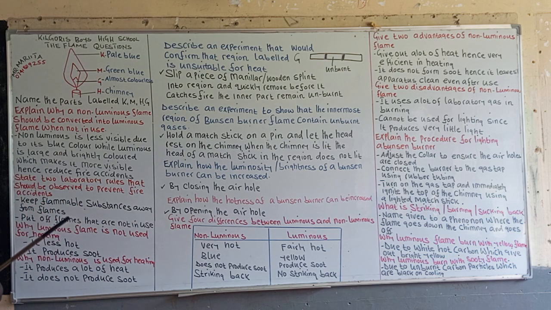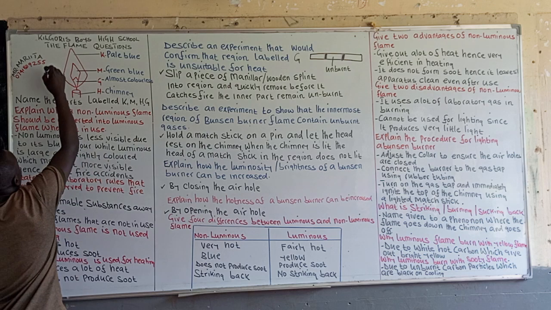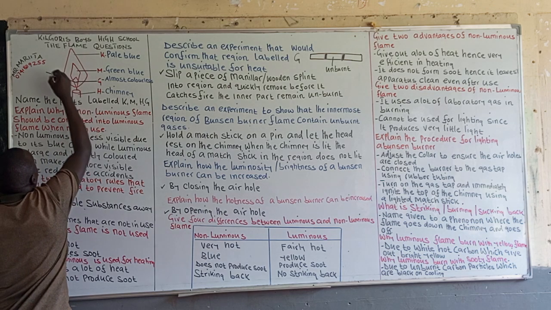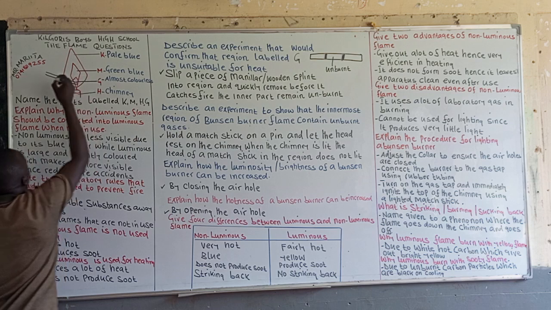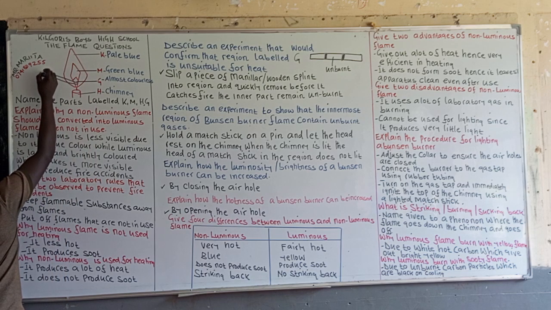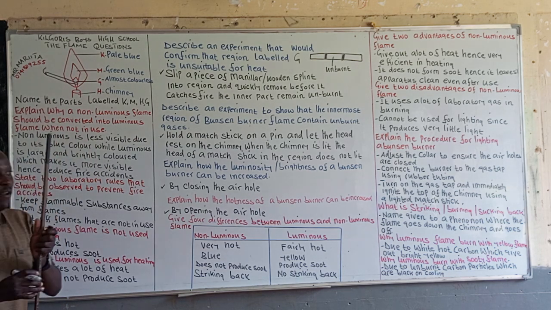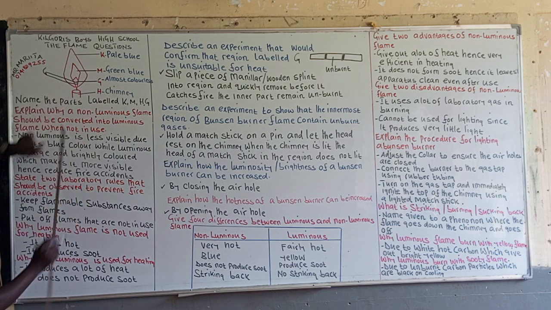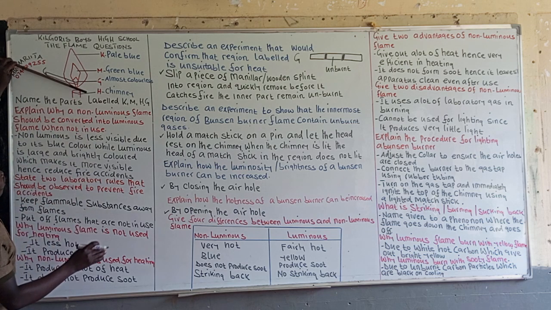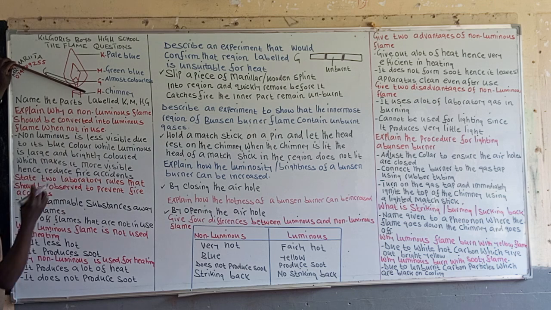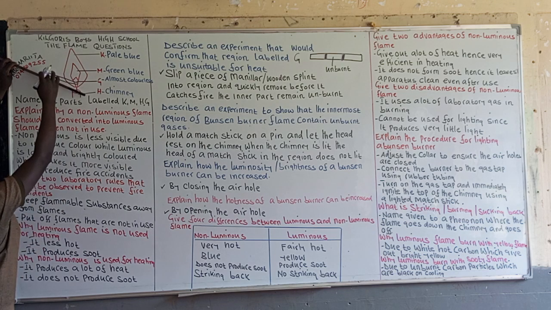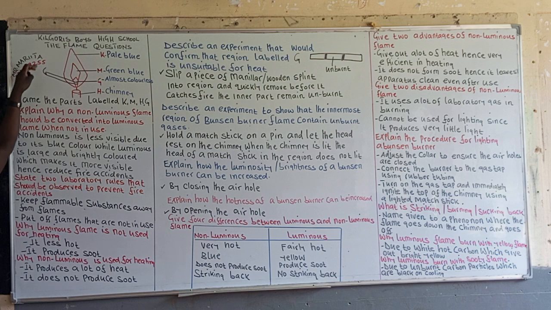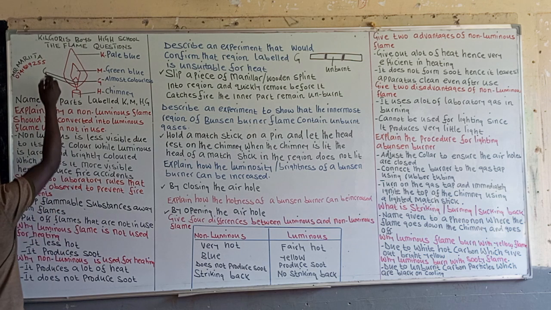If you need a glass rod tube, what normally happens here, you just insert a glass rod tube into this region here. The glass rod tube will pick some gases from this region, and if you light at the opposite end, it burns with a very small flame.